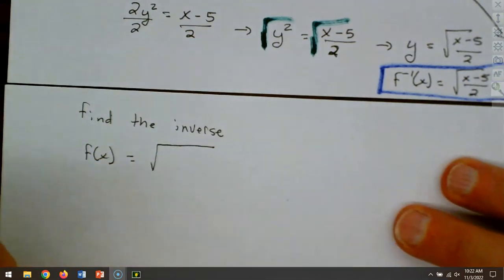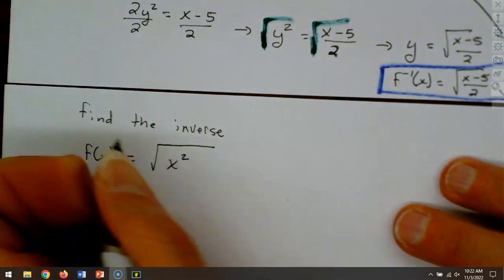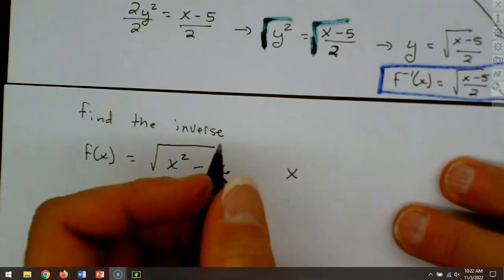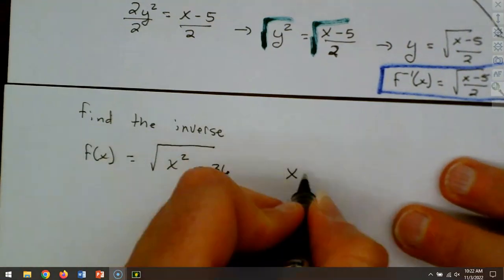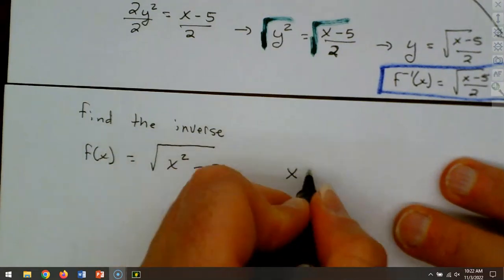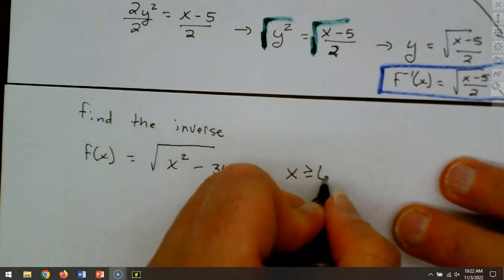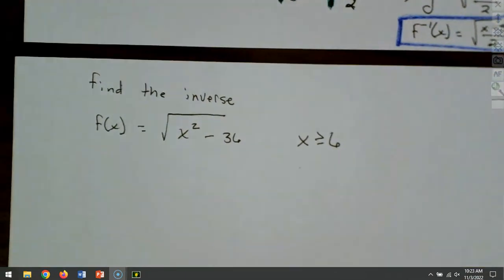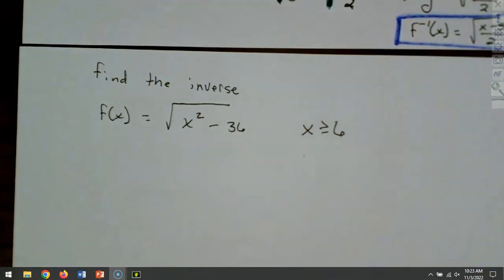I'm just going to change the numbers a bit. So this is very, very similar to one of your homework questions. Looks like question number 6.